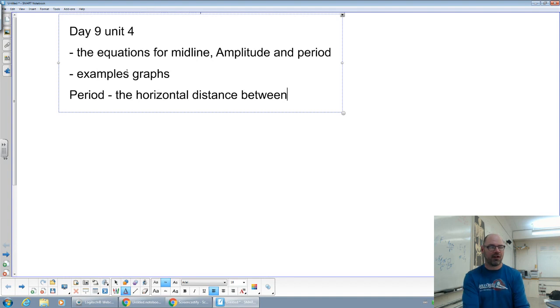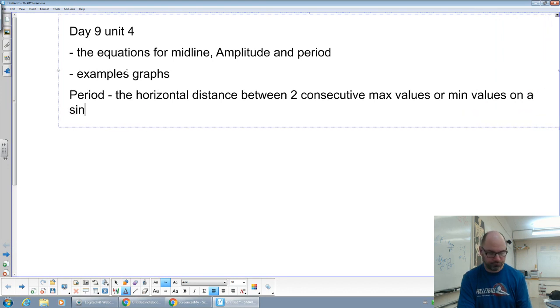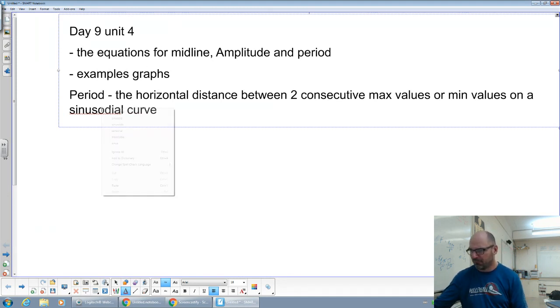It takes as long as it takes for the graph to repeat itself on a sinusoidal curve, so on anything that follows a sinusoidal type path.